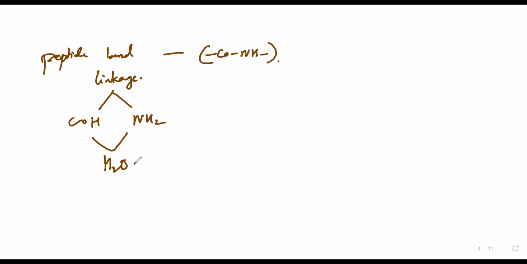When these products are formed by peptide bonds, they are called peptides. And depending upon how many are present, like how we saw in carbohydrates, monosaccharide, disaccharide, in the same way here you have dipeptides, tripeptides, oligopeptides, and polypeptides. Further, amino acids are classified depending upon how many carboxylic groups or amino groups are present.